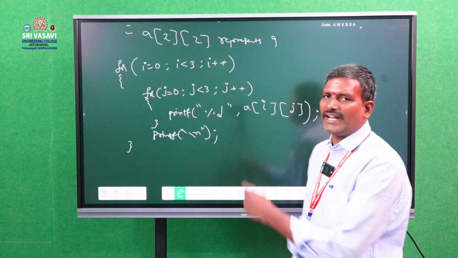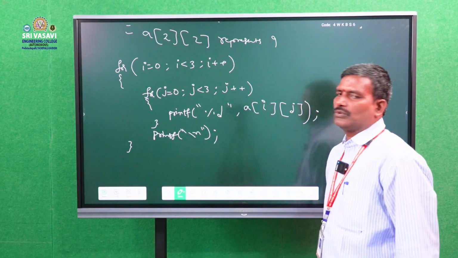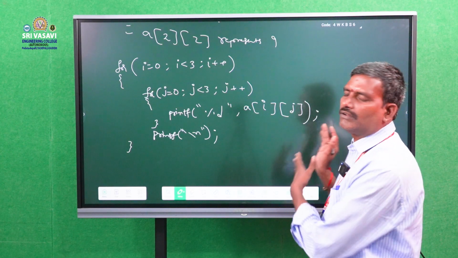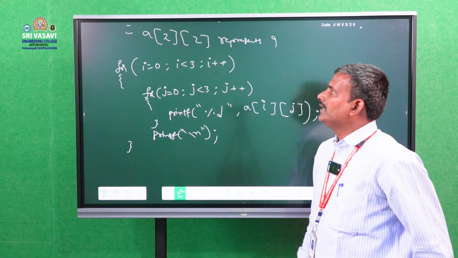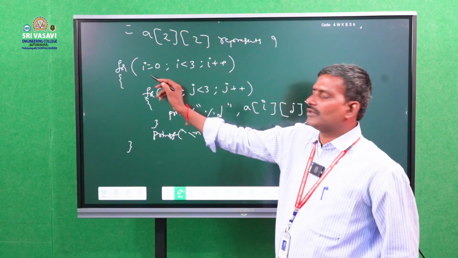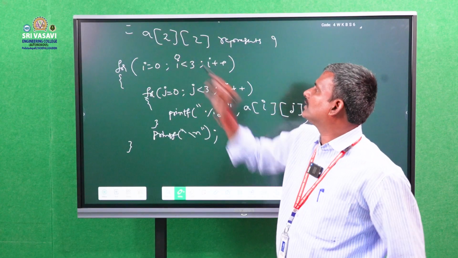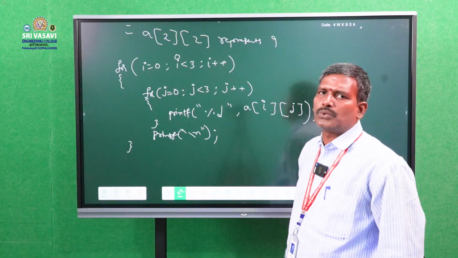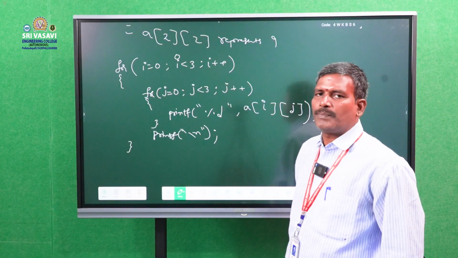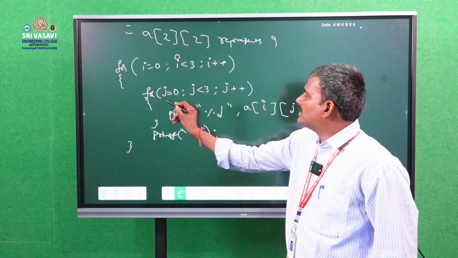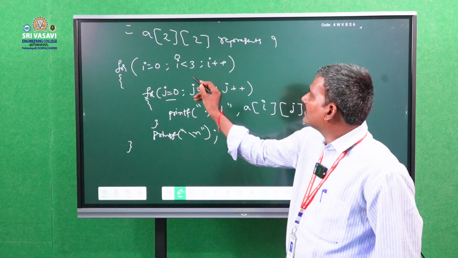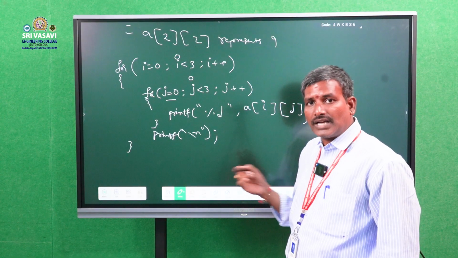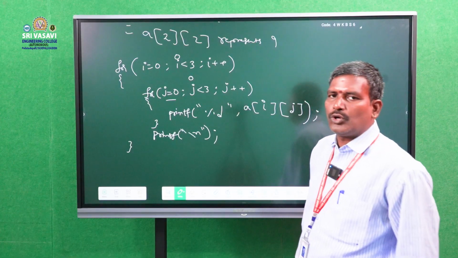Okay, now we want to trace the loop, how to display all the elements in the 2D array on the output screen. Okay, here i value starts from 0, so the condition i less than 3, 0 less than 3, condition true, so entering into the loop, and then j value starts from 0, again condition 0 less than 3, condition true, then entering into the loop.